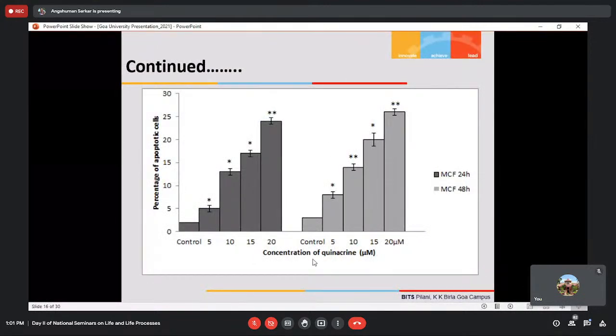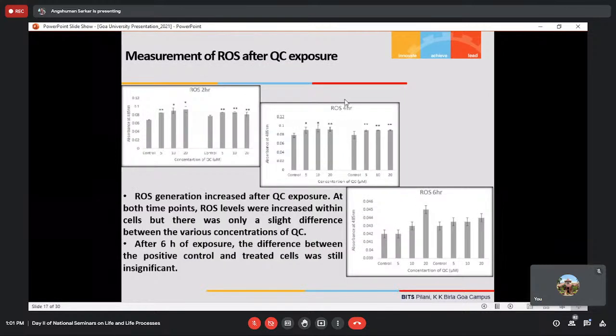Further, if you count those cells, here is the kind of count and how it's going to happen at 24 hours and 48 hours. So again, coming to the stress biology that Professor Peter had already mentioned, how stress is going to respond.